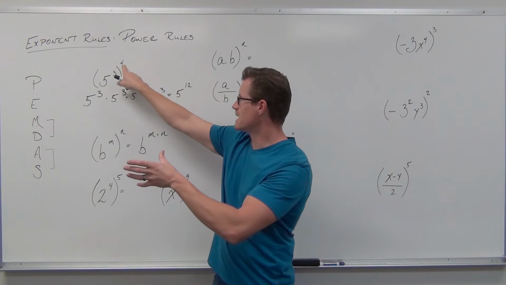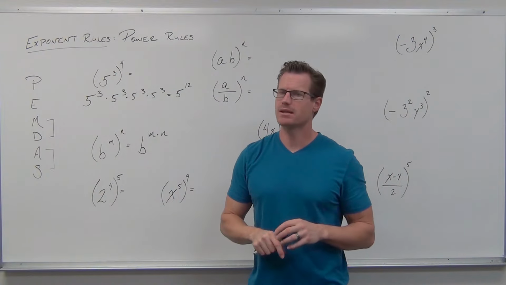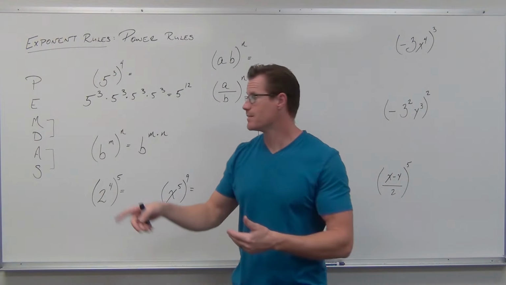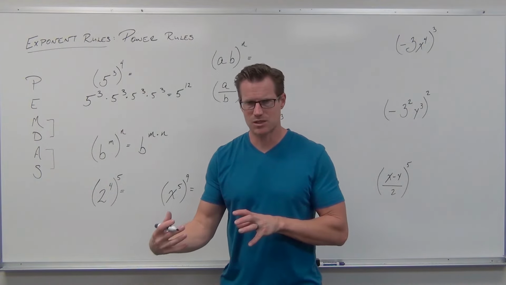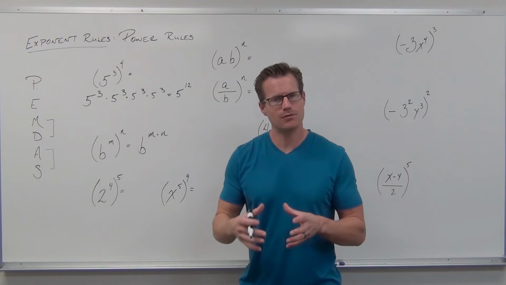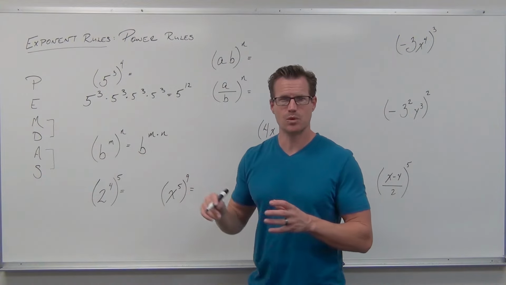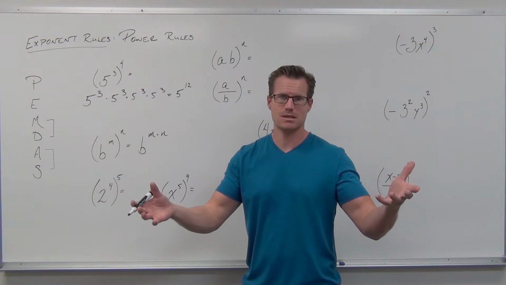So if you were to take that 4 and multiply it by 3 and multiply it by 5, that is not what we're doing with these exponents. That 5 gets multiplied in the process of having an exponent. You don't need to multiply it by an exponent. It's already been multiplied a lot of times, all right? Nothing about this changes the base. Exponent rules apply to the exponents, not to the bases.